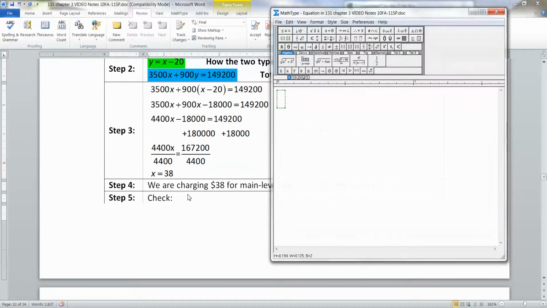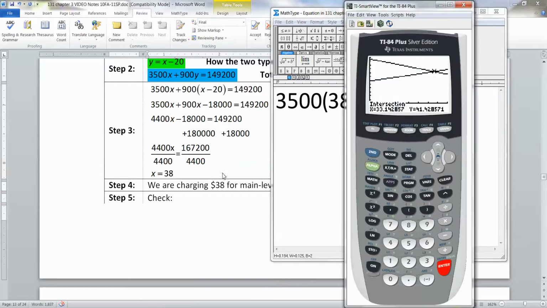3,500 times 38 plus 900 times 18. You can check it with a calculator. 3,500 times 38 plus 18 times 900.